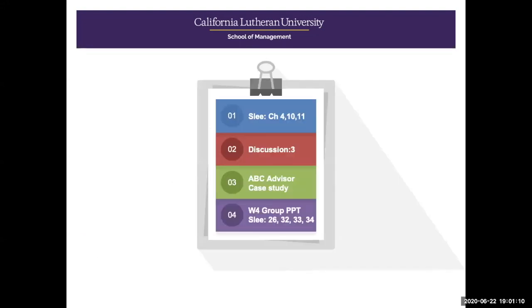Okay, so quickly about next week. You do have a discussion, and one of you mentioned to me that there was some information missing, so I corrected that. There should be a PDF file for you to read, and then there are 3 questions for you to answer accordingly. You have a case study that is part 1 of the case study, and there are 3 questions associated with that.